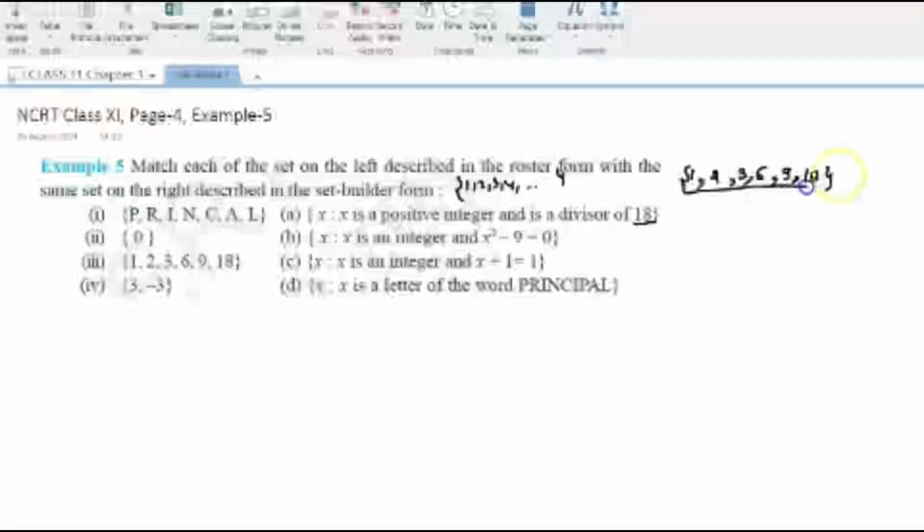So if you look carefully, this is your third option, right? So you can match it like this.